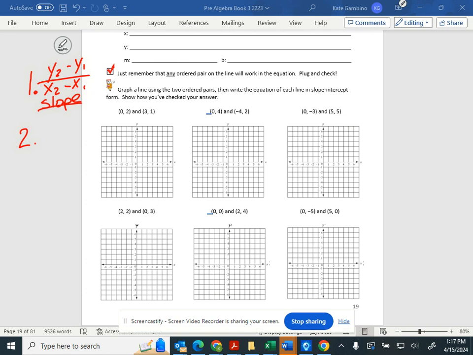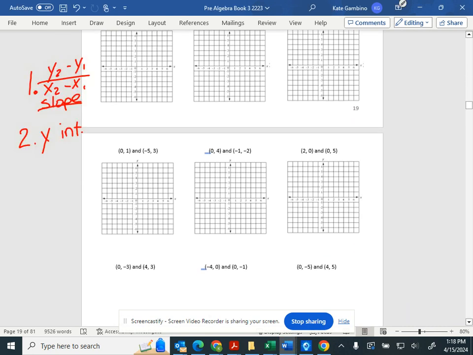What do I have to do? Grayson? Find the y. Yep. I need to find my y-intercept. So on this first page, that's easy because my y-intercept is given, right? I have 0 for an x. How did we do it on the second page when it wasn't one of the ordered pairs given?